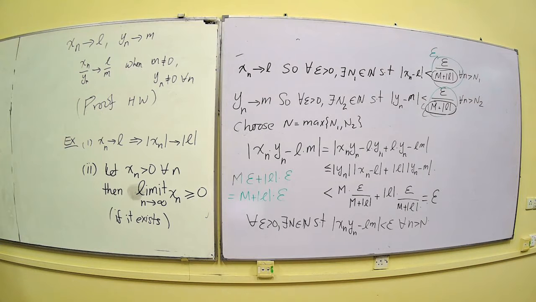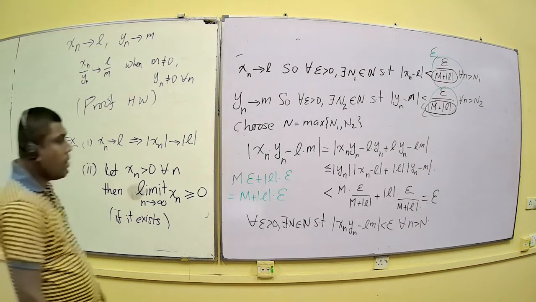The other one is about the limit of a sequence with positive components. If all the components of the sequence are positive and if they are converging, then the limit will be bigger than or equal to 0.